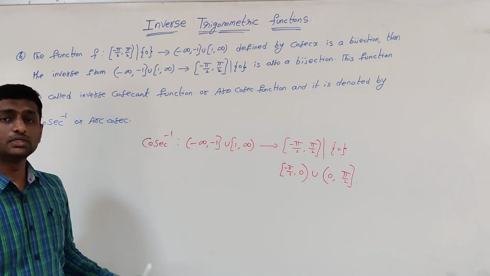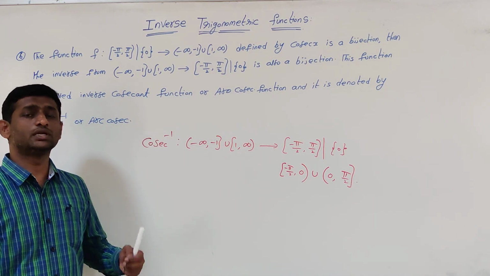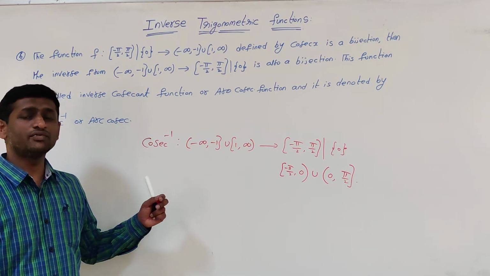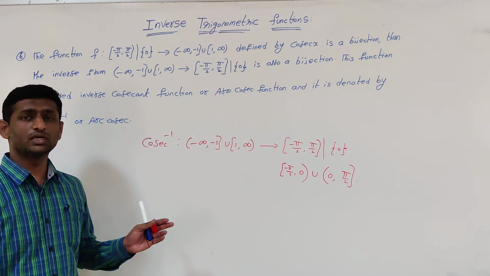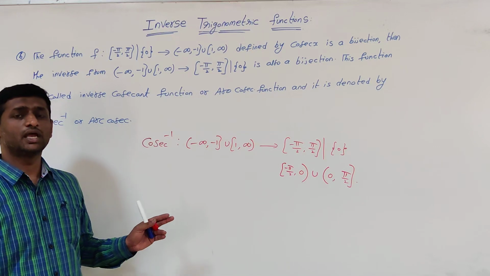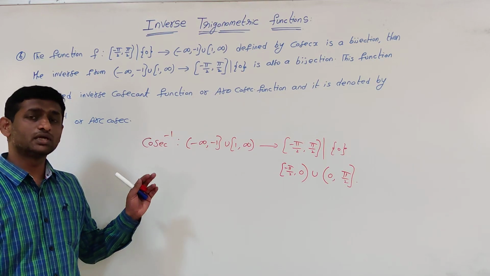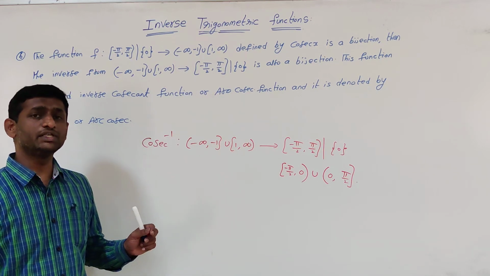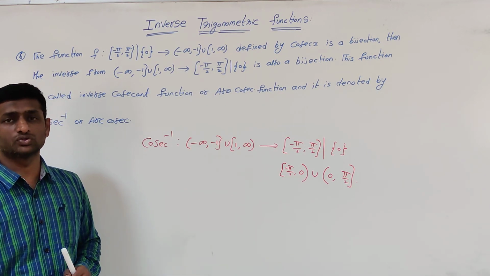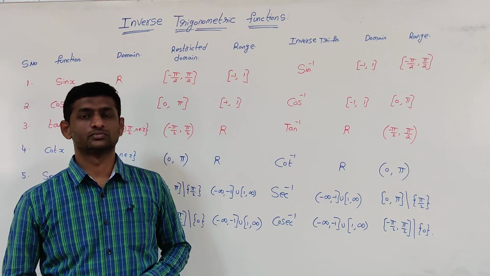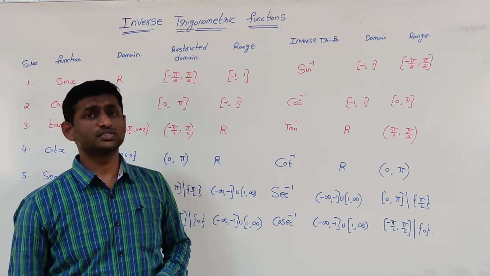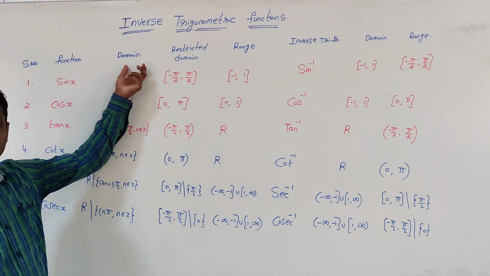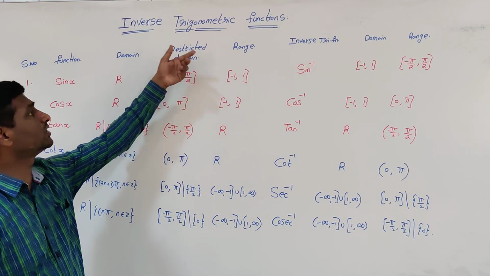So these are the inverse trigonometric functions. We will have a tabular column for the domain, restricted domain, and range for the trigonometric functions, and we'll see the domain and range for the inverse trigonometric functions also. So the table consists of the actual domain, the restricted domain, and the range.